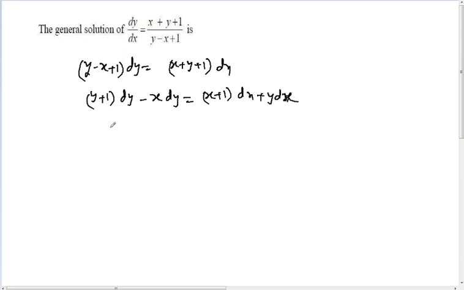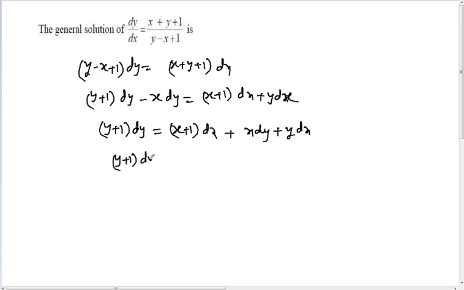Take x dy this side, that is (y + 1) into dy is equal to (x + 1) into dx plus x dy plus y dx. This is (y + 1) into dy is equal to (x + 1) into dx plus derivative of xy.